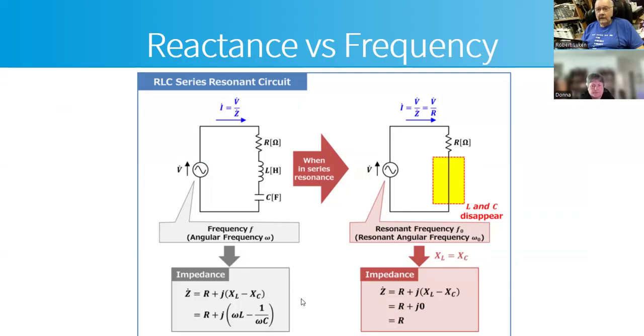So if I look at the impedance equation, the general one, it's going to be the resistance in the circuit, series resistance, plus j, and I'll talk about that a little later. It makes this a complex vector.